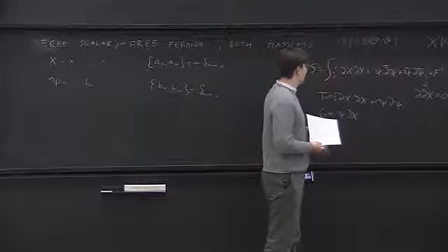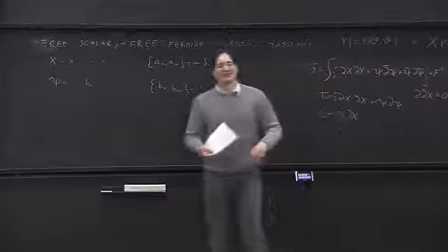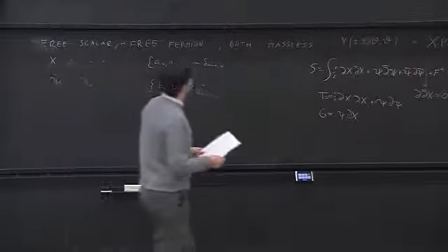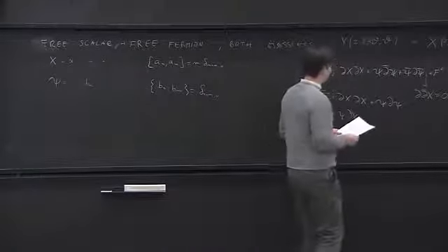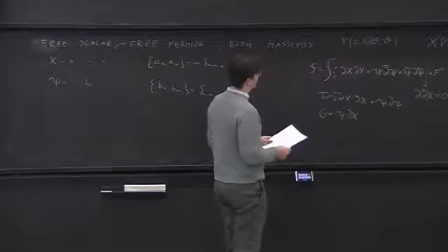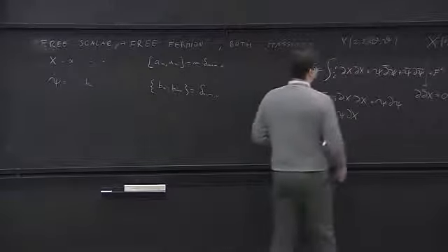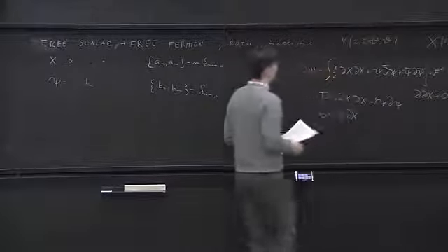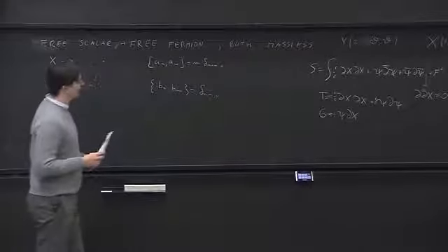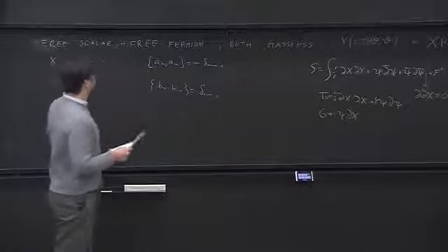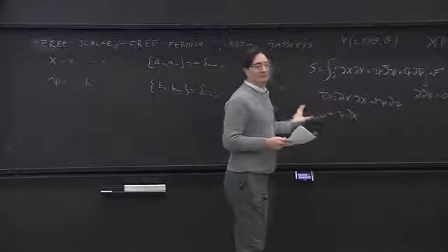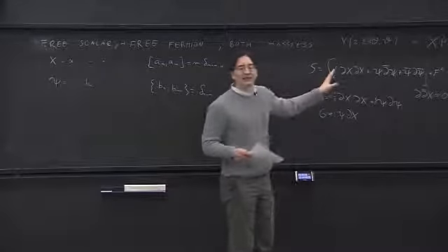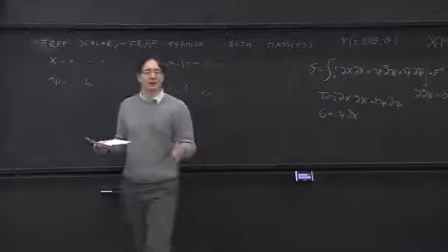Forget about the factors of 1/2 that I have floating around. I guess I should probably have 1/2 here. So the basic ingredients are relatively easy to understand, and using this one we can roughly understand the superstring spectrum.